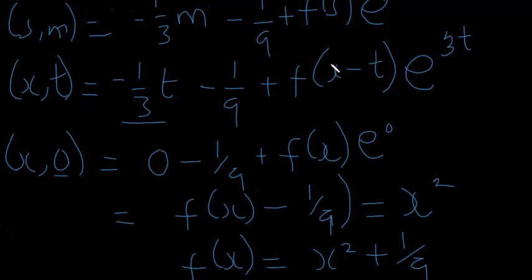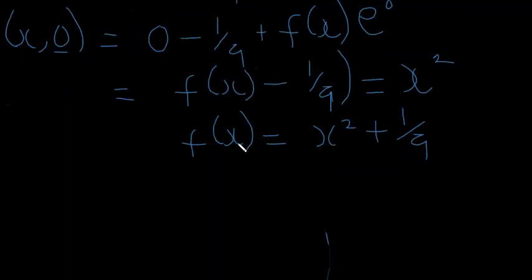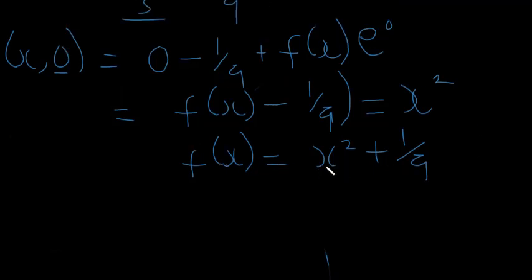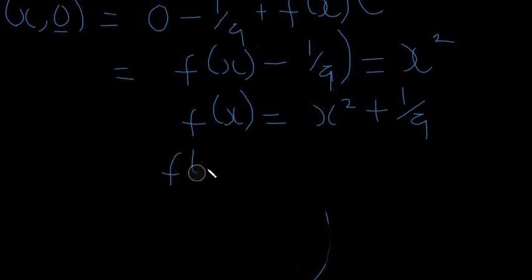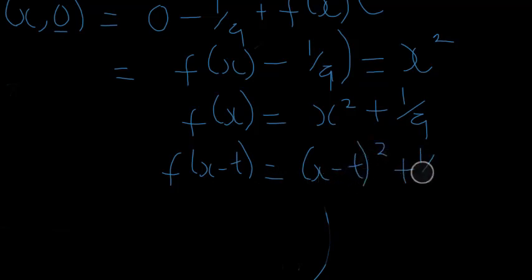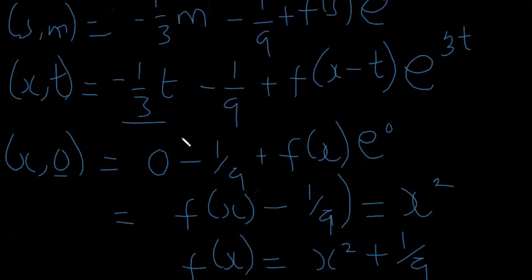This is what we do not know, but we know the mapping from x to its codomain. So if I know f of x to be equal to that, then I can look for f of x minus t. So f of x minus t is going to be x minus t all squared plus 1 divided by 9, right? Yes.